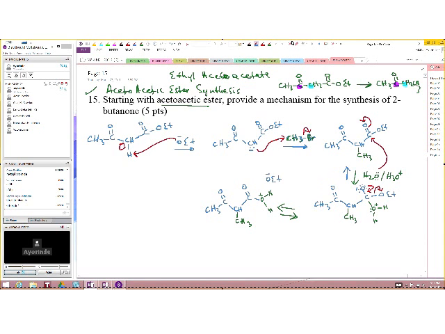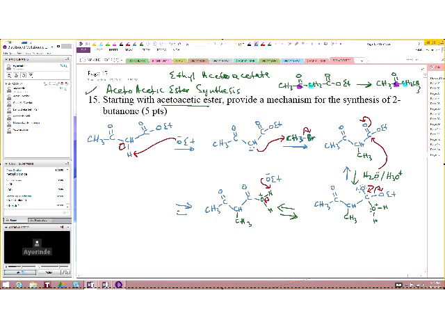So what do we get? The ethoxide comes here, grabs this proton, and this comes here. Now we go through here again, another reversible process.